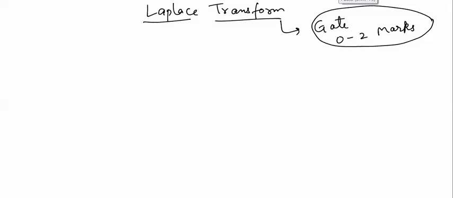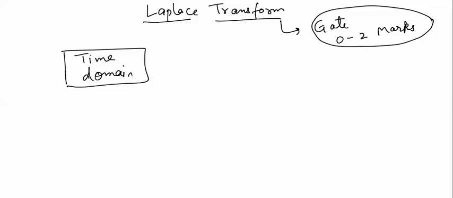Now, one important thing you first have to understand is why we are discussing Laplace. It is very essential for us to understand this. We are discussing Laplace because sometimes in time domain analysis, most of the things are in time domain. We are changing with respect to time, pressure, volume, whatever we are changing with respect to time.